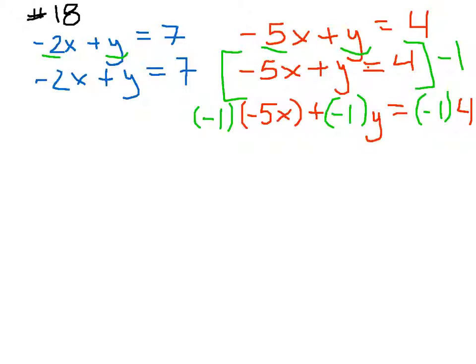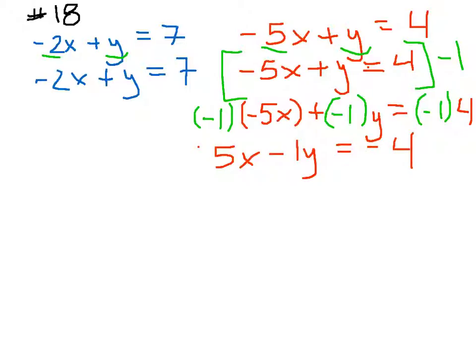Okay, so when I do that, I end up with negative 1 times negative 5, and that gives me a positive 5x. I have negative 1 times y, which gives me a minus 1y. And I have negative 1 times 4, which gives me a negative 4.